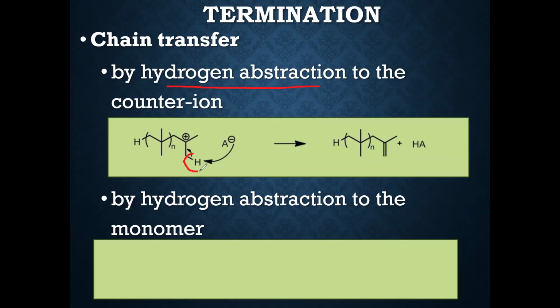The terminal hydrogen will combine with the counter ion, a double bond will be formed, and the polymer is formed and the reaction is terminated, giving back the initiator. The initiator can be the protonic acid, for example, or by hydrogen abstraction to the monomer.